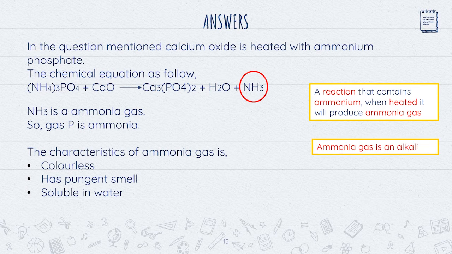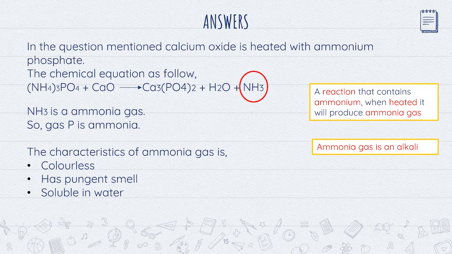So, we know that ammonia gas is gas P. The question asks for the characteristics of the ammonia gas. So what are the characteristics of the ammonia gas? First of all, it is a colorless gas. We cannot see the color of ammonia.